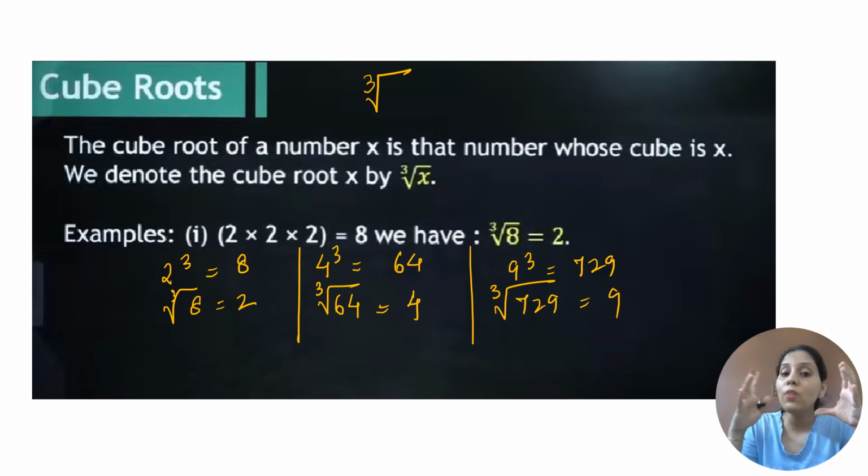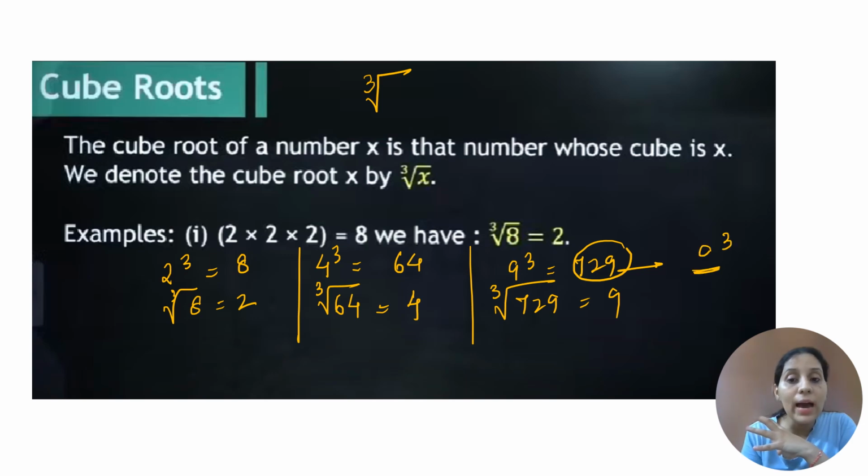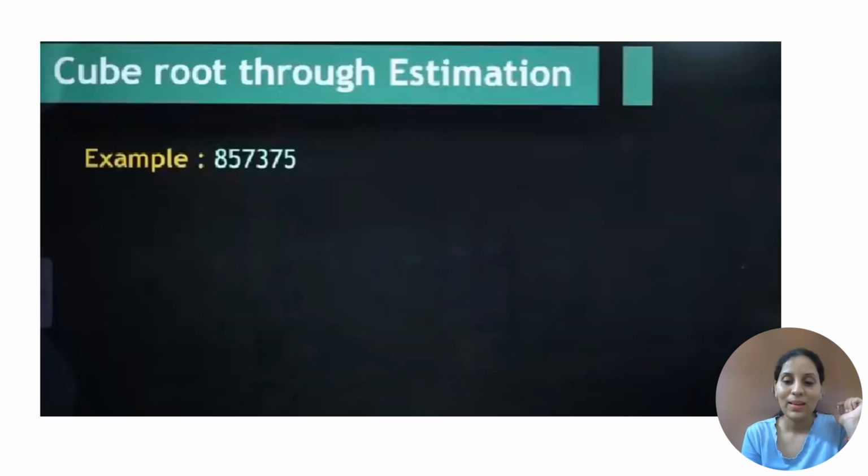So the cube root of any number x is that number whose cube is x. So the cube root of this number is basically what number? How can I write 729 in terms of a cube? 9 cube. So its cube root will be 9. I hope this is clear. This is the cube root.